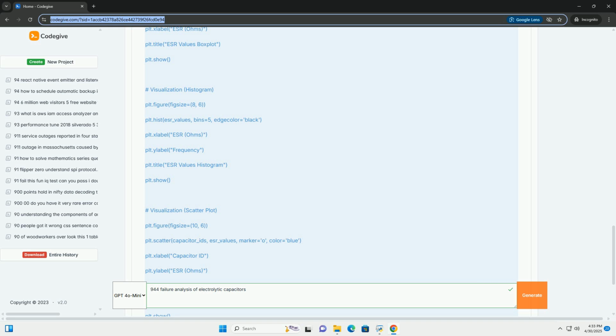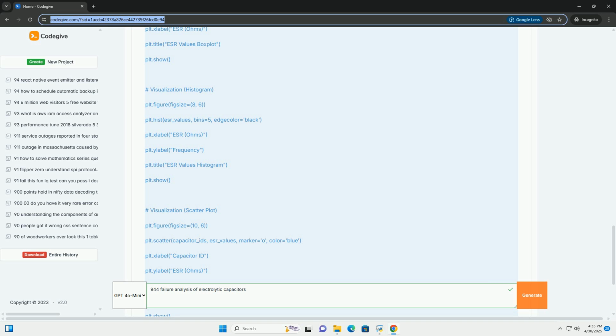It imports NumPy for numerical calculations, Matplotlib for plotting, and Pandas for data frames. 2. Sample data. It creates a list of capacitor IDs and their corresponding ESR values; replace this with your actual data.